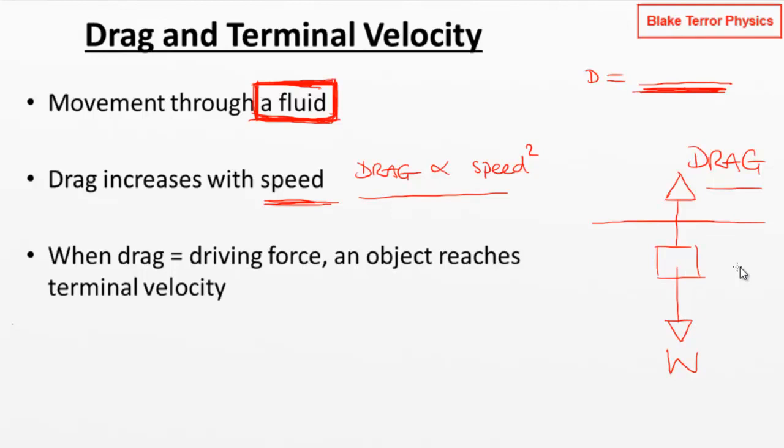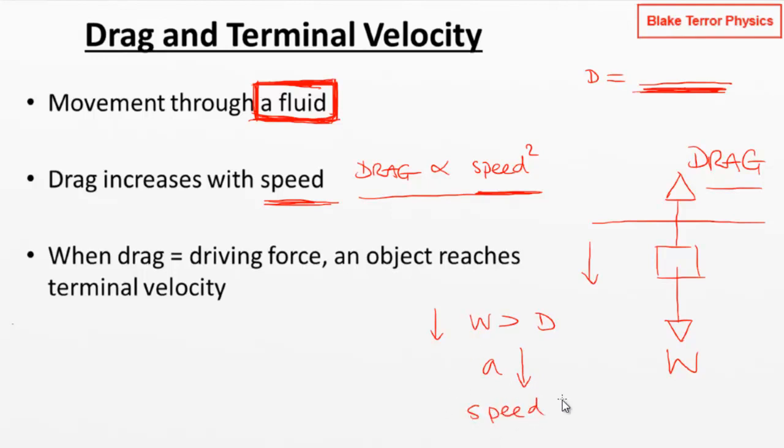We start off moving at some speed downwards, and the drag is going to be proportional to the square of that speed. If we've still got a resultant downward force because the weight is greater than the drag, well, we've then got an acceleration. That means we've got an acceleration going downwards, which means the speed is going to increase.